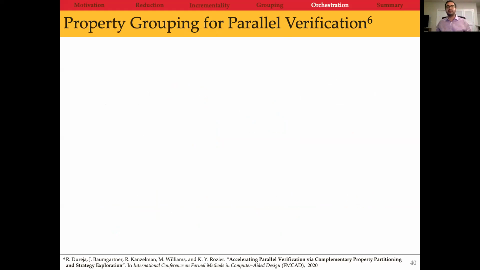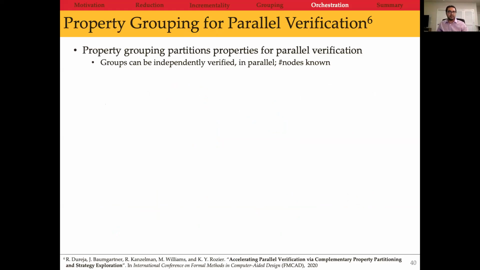Okay, moving forward. Our property grouping procedure, which I talked about, partitions properties into high affinity groups for parallel verification. All the different groups can be independently verified in parallel. It is often the case that the number of parallel resources available for a particular verification task is known beforehand.